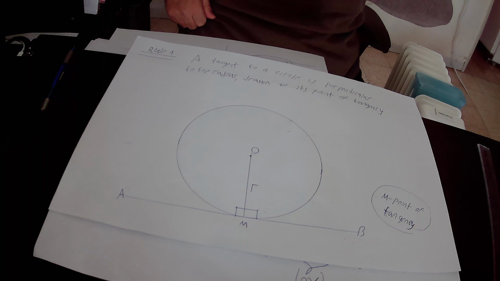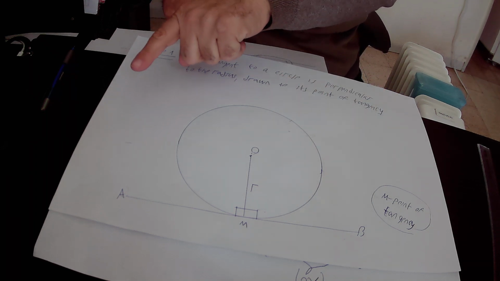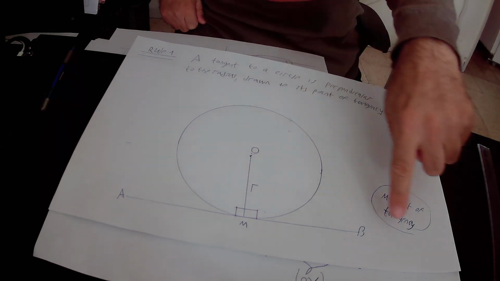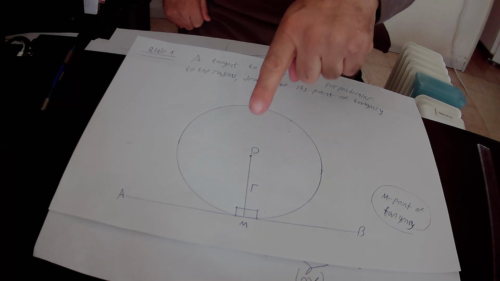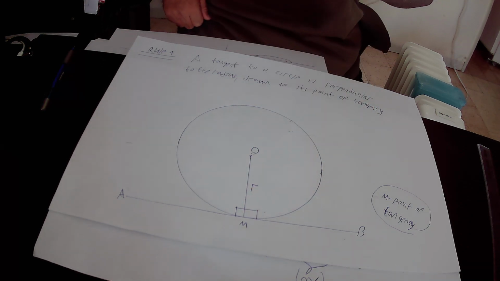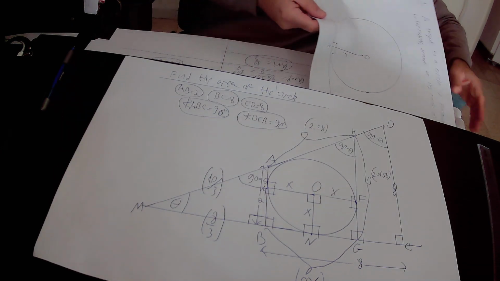Whenever you have a radius drawn to the point of tangency, the tangent AB will be perpendicular to the radius MO. So this angle equals 90 degrees and this angle equals 90 degrees according to rule number 1. We can implement rule number 1 in our drawing.